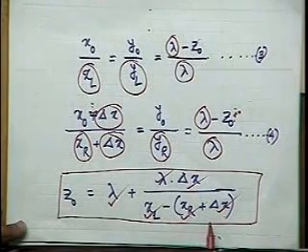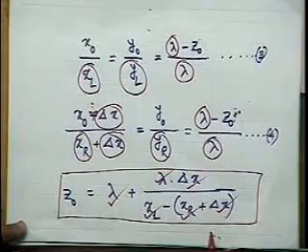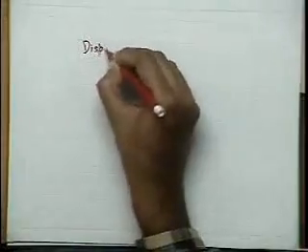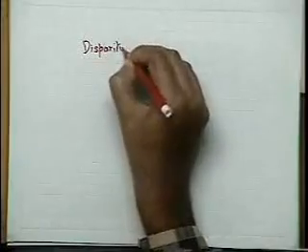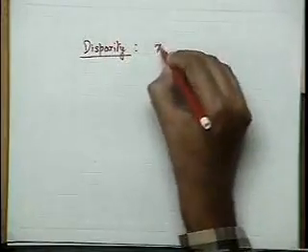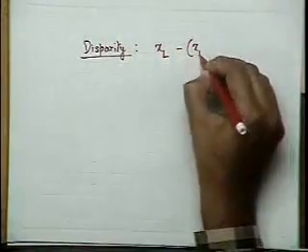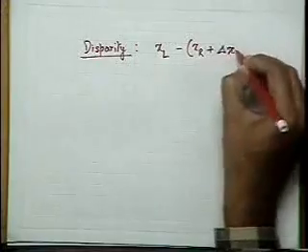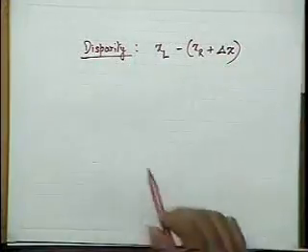And it is this shift or displacement which is described in the literature as disparity. The term which we very often use in literature is called disparity, and primarily disparity is the same as xl minus xr plus delta x. This gives us the disparity.